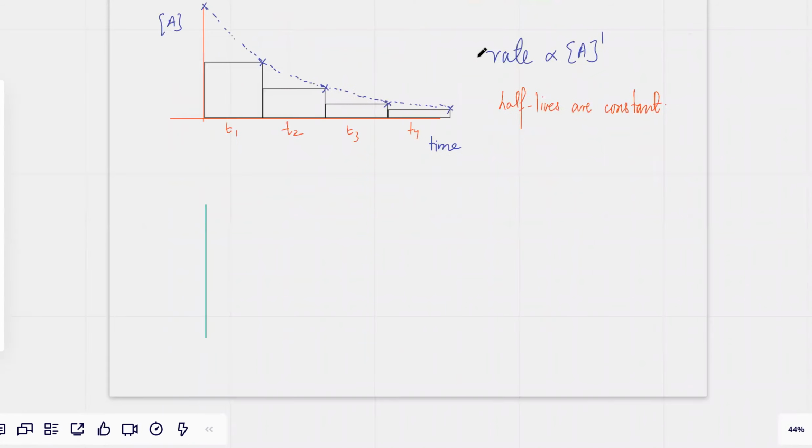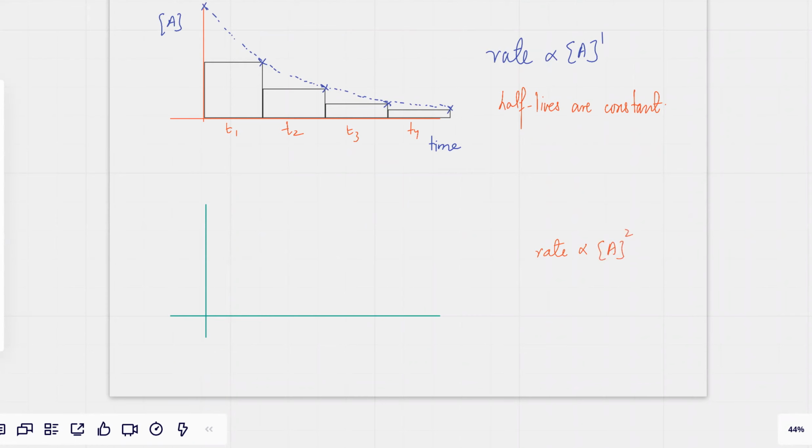Now the third one is K if it's order 2. Order 2 means the rate is very sensitive to A's concentration.